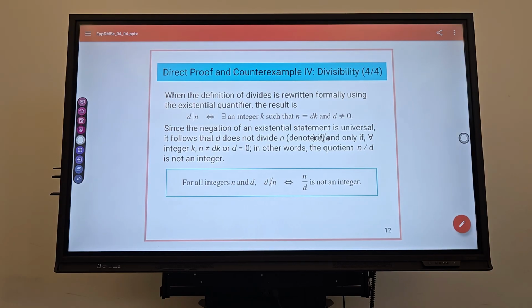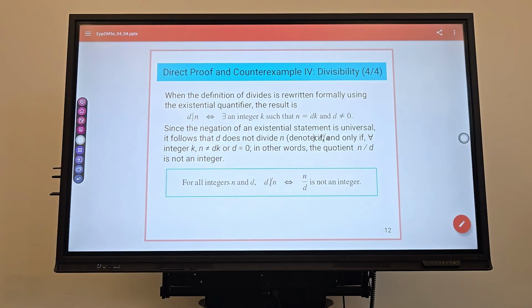When the definition of divides is written formally using the existential quantifier, the result is this here: there exists an integer k such that n equals d times k, and d does not equal 0. Since the negation of an existential statement is universal, it follows that d does not divide n if and only if for all integers k, n does not equal d times k, or d equals 0.